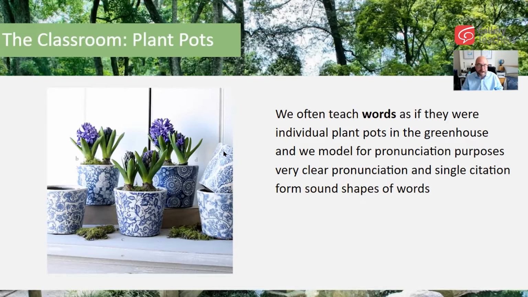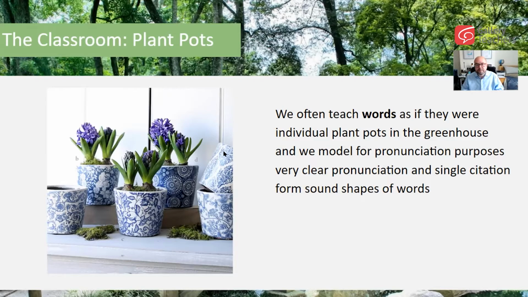So he talks about how we teach words as if they were individual plant pots in the greenhouse. And you can see from the way that I'm reading this, we model for pronunciation purposes very clear pronunciation and single citation form sound shapes of words. So what he means by that is that the individual word becomes the point of focus.